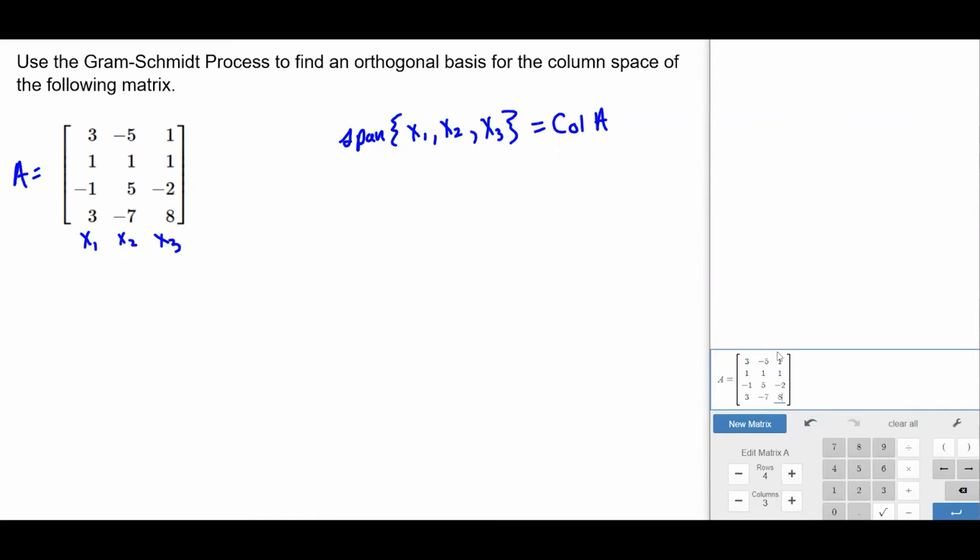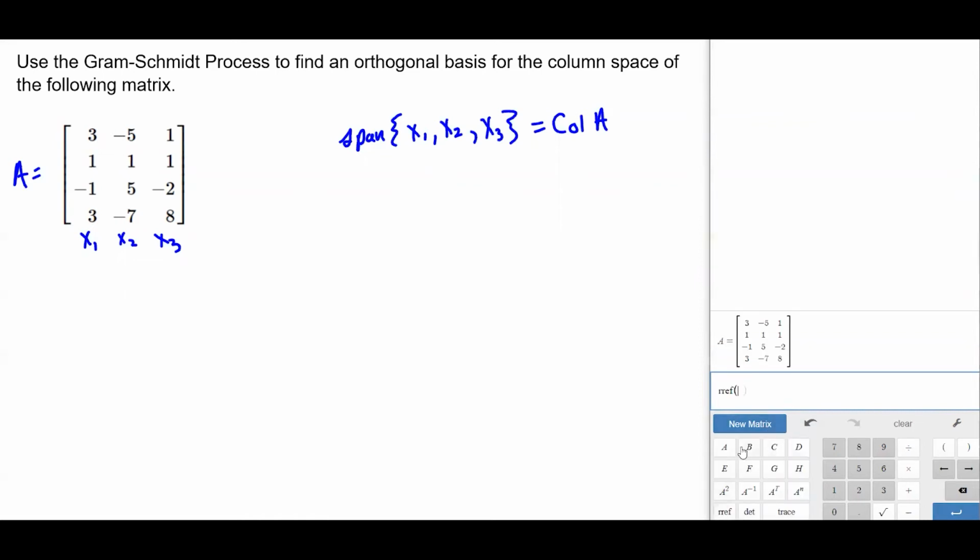All right, so I have my matrix A, and if I row reduce it, I want to make sure that my columns are independent, and they are. So I get a leading one in every column. That means they're independent. So if they're independent, then I can use Gram-Schmidt to create my orthogonal vectors that are going to go into my new basis.